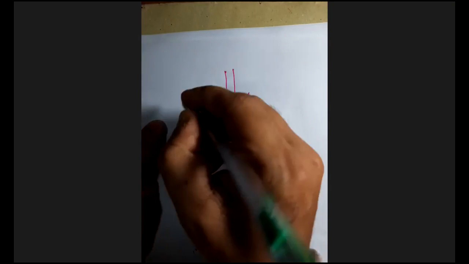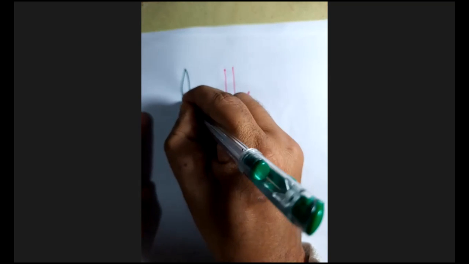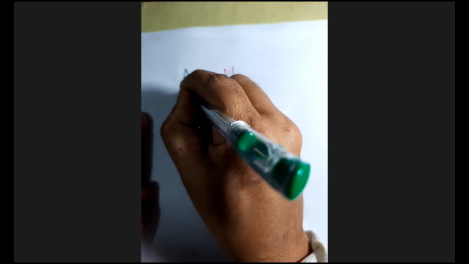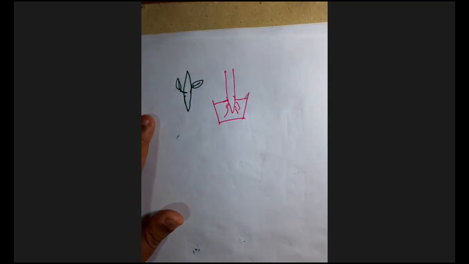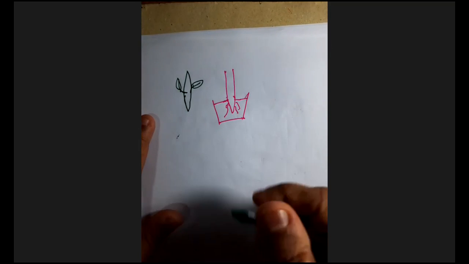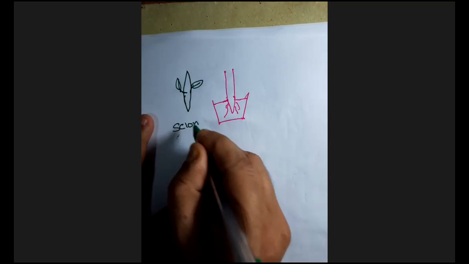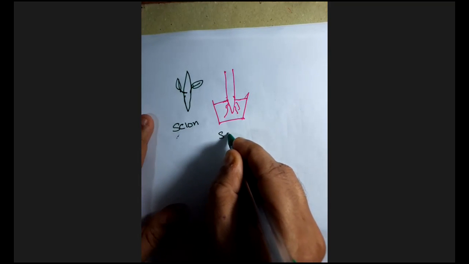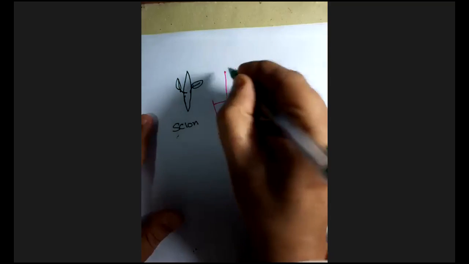And from another plant, you have to cut and take a small twig like this. So this is going to be the scion. This is going to be the stock.